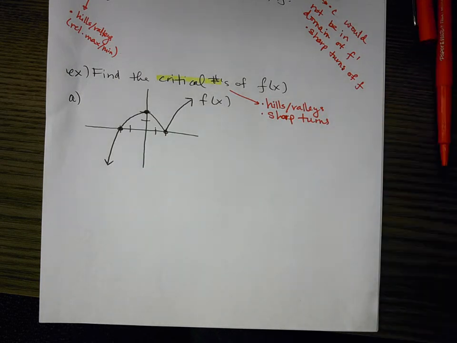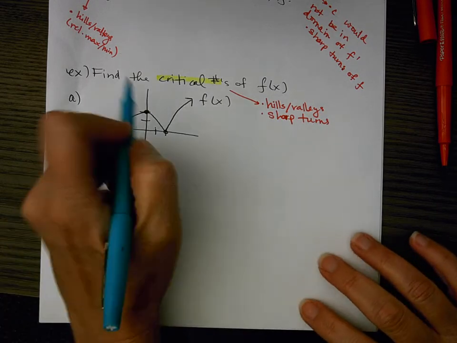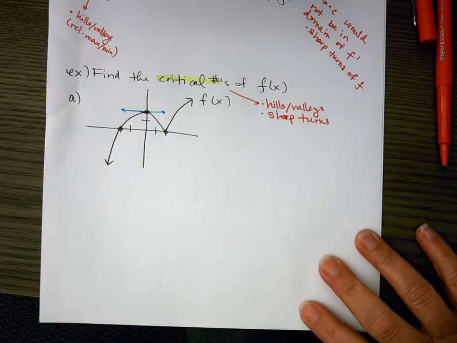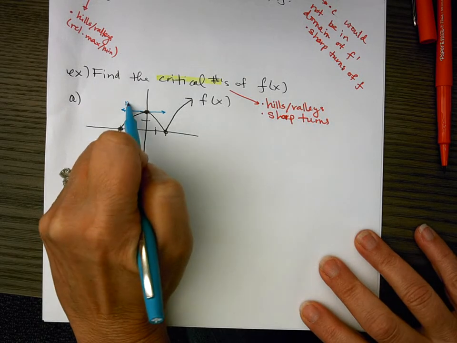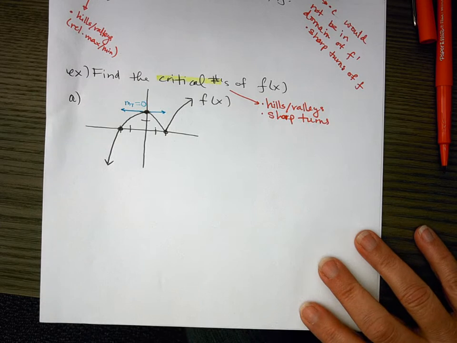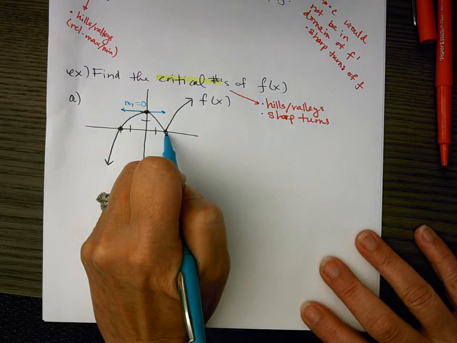And so if I look at this, I have two locations, two spots where I have a critical number. I have this spot right here, because if I were to look at the tangent line here, I would have a horizontal tangent line and the slope of that, m sub t, the slope of the tangent, would be 0. And then right here, this would not have a slope of 0.